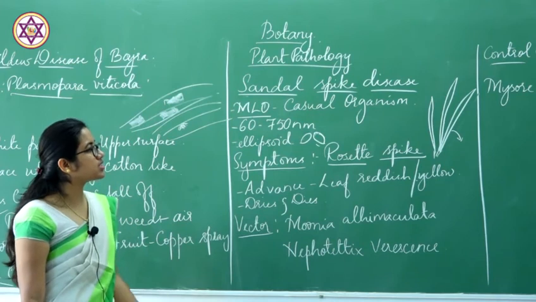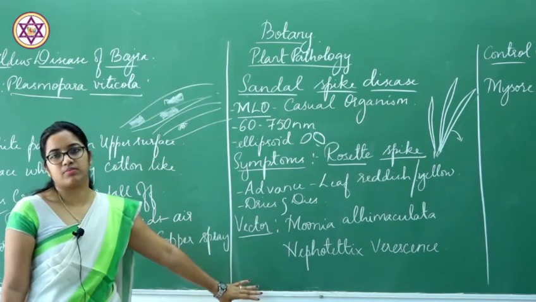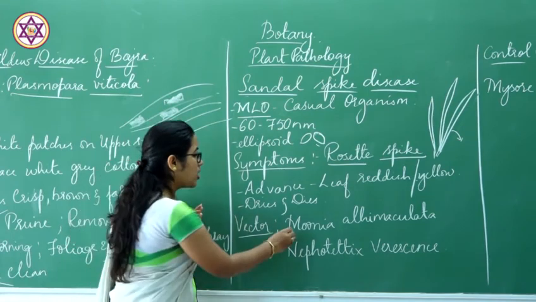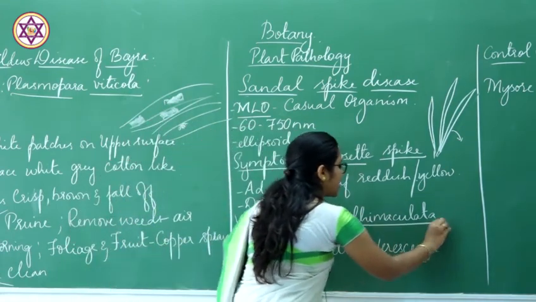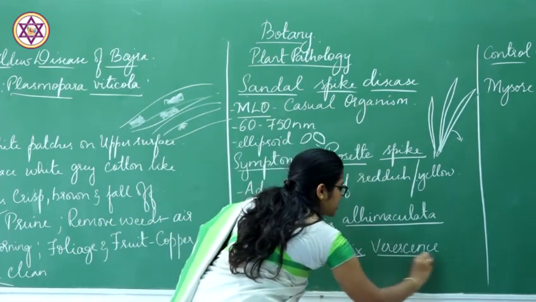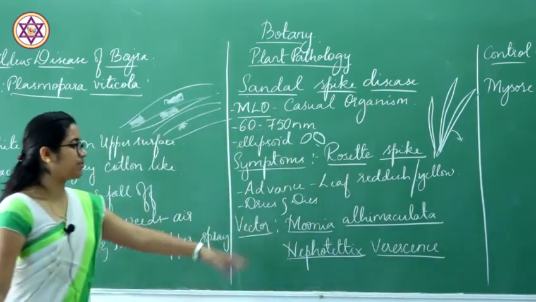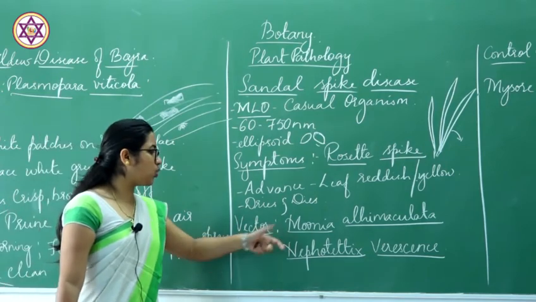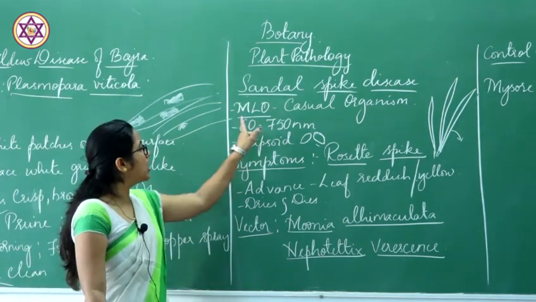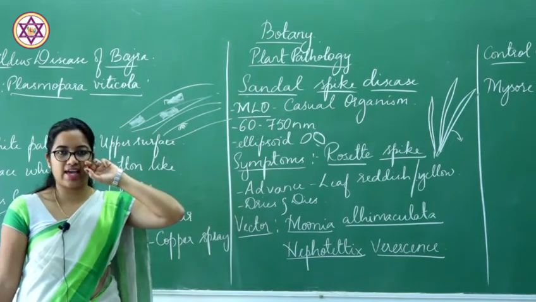Now, there are special insects, Moonia albimaculata and Nephotettix virescens. These two are the vectors, that is, the carriers of mycoplasma like organisms.